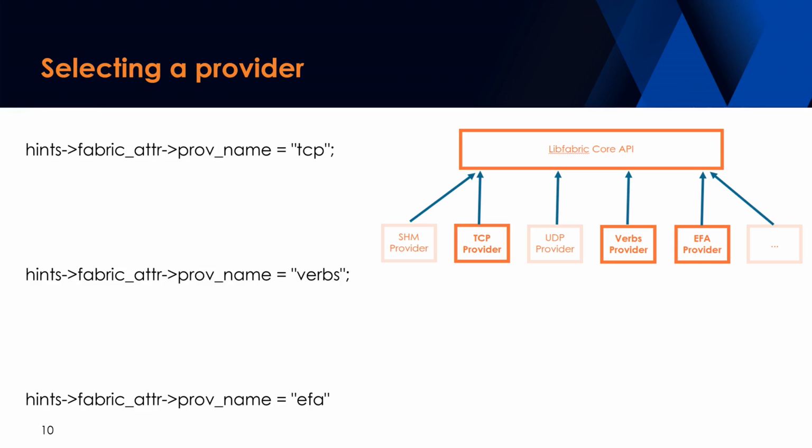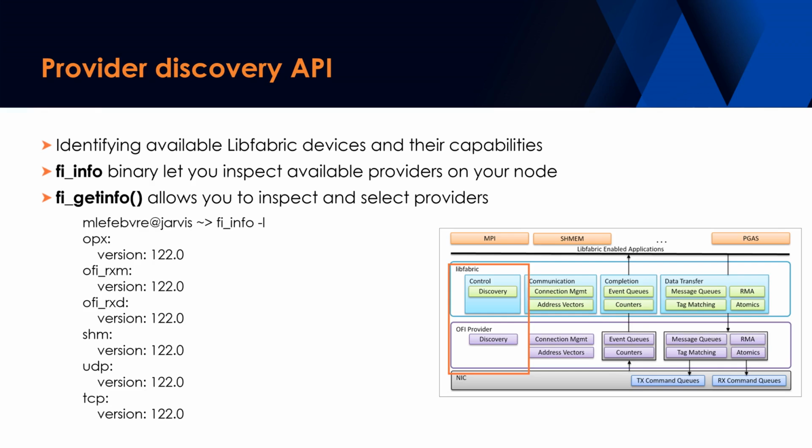So how do we select a provider? It's a simple line of code. You pass the argument: TCP, verbs, EFA. It's one line of code to select a provider. And then how do we know what providers we have? There is an API or a binary that will discover these providers for us.